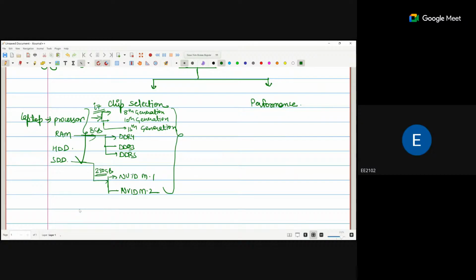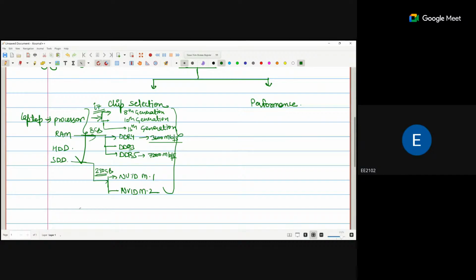The DDR has a particular speed. I think DDR4 has around 3600 MB per second speed, and DDR5 is around 7200 MB per second. Okay, so this is the refresh rate.